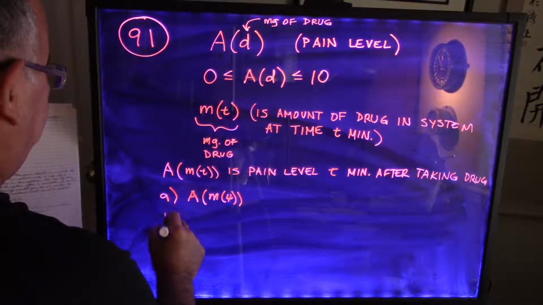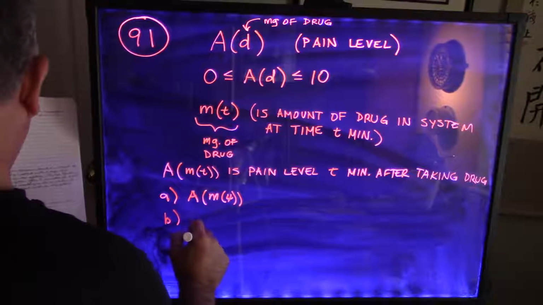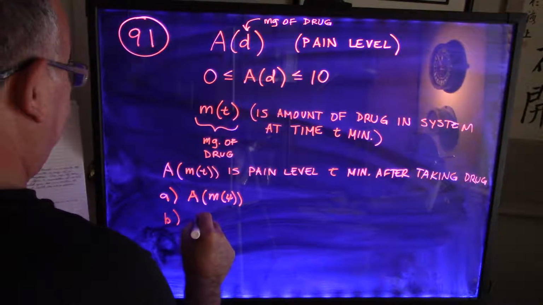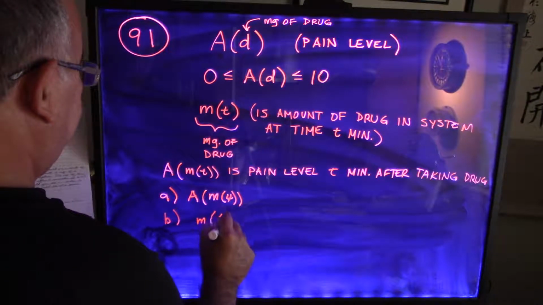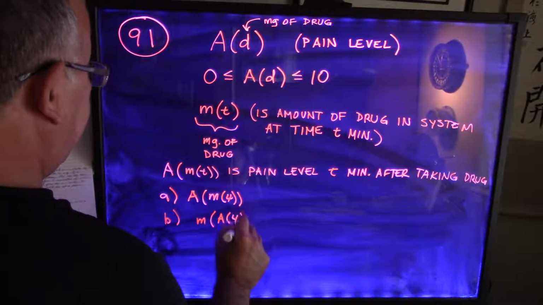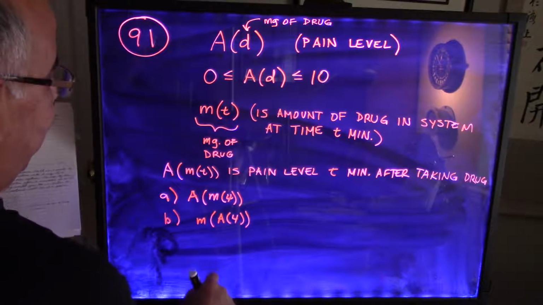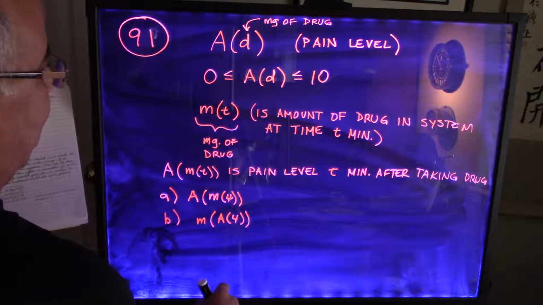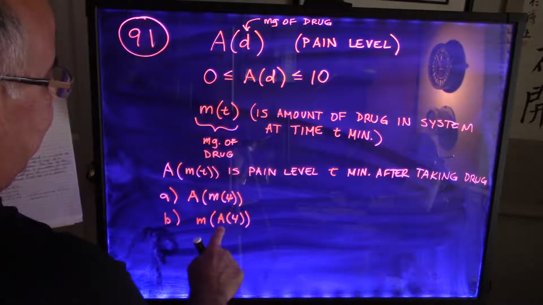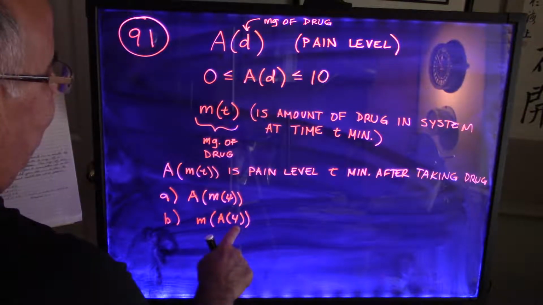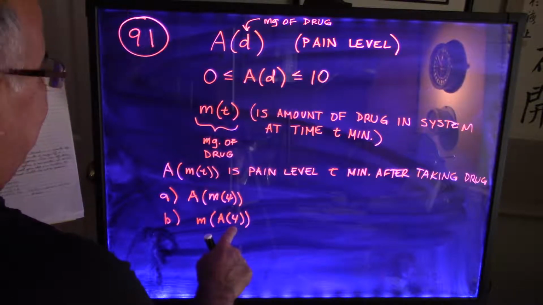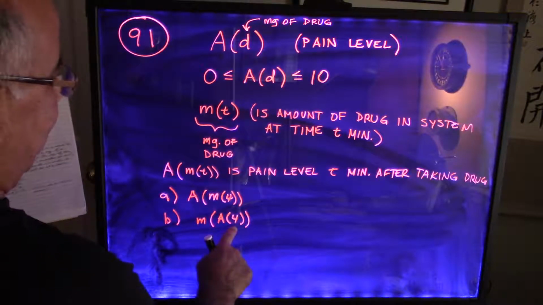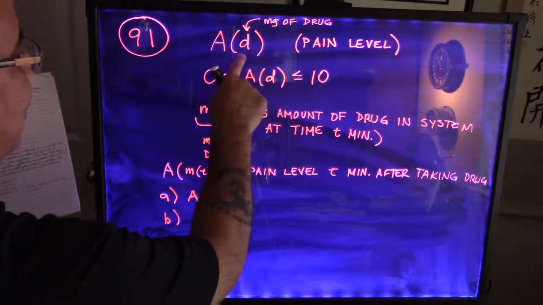B. We have M of A of 4. This isn't going to work because, first of all, the 4 is a pain level that they gave us. But A takes milligrams of drug.